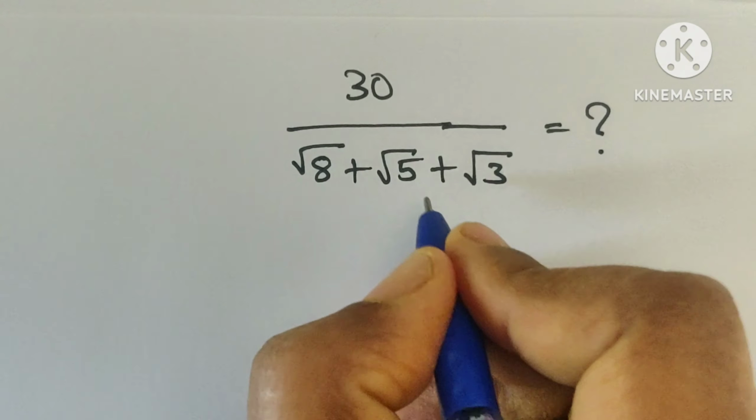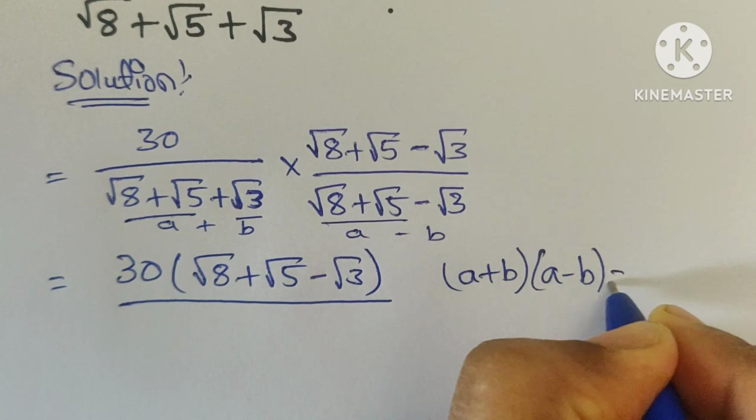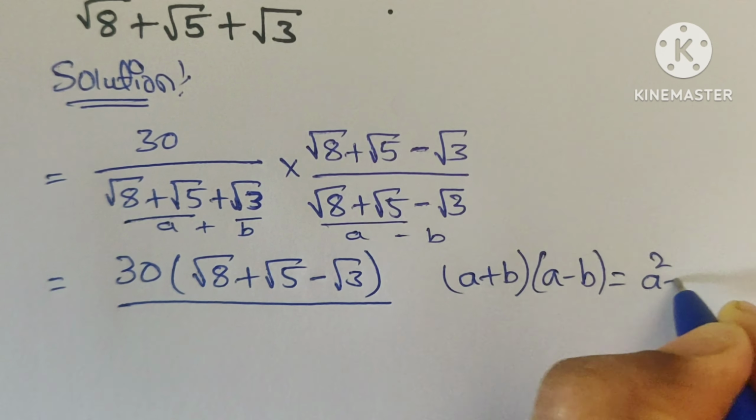So divided by, so this is in a form of a plus b times a minus b. So we know this formula, a plus b times a minus b equals a square minus b square.